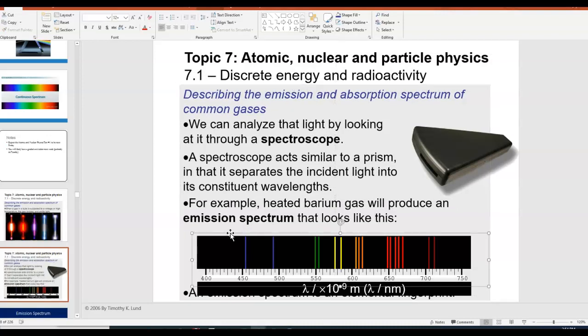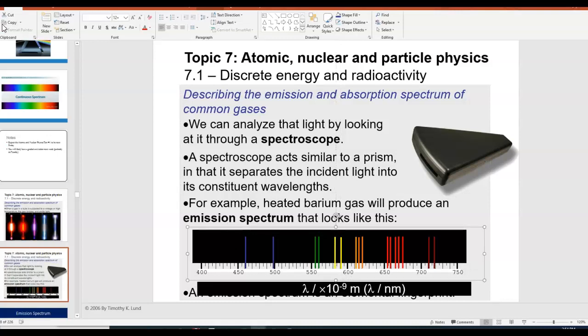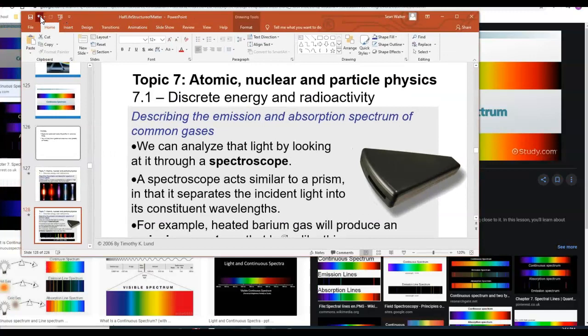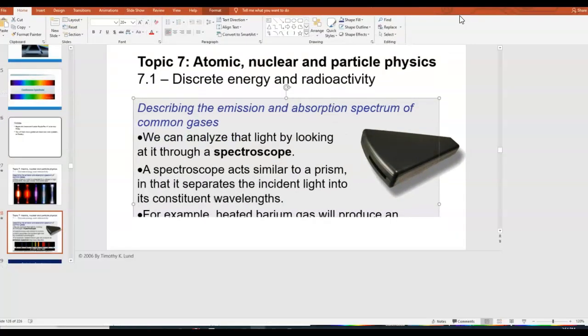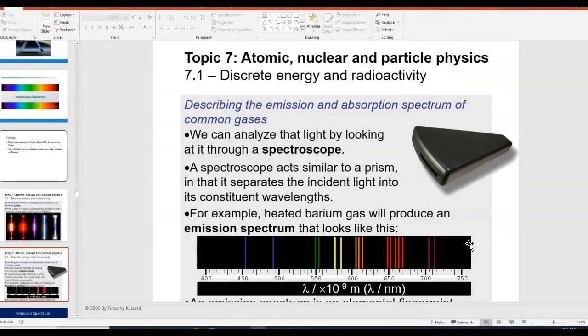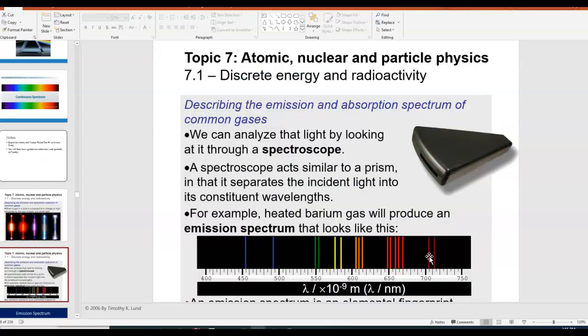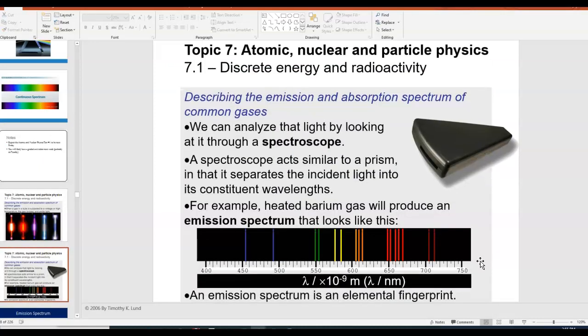And it turns out if you look at the light coming off of a gas, you actually get these individual lines. And so rather than getting this continuous spectrum that you get with white light, you only get these lines that look like this. And this is what's known as an emission spectrum.